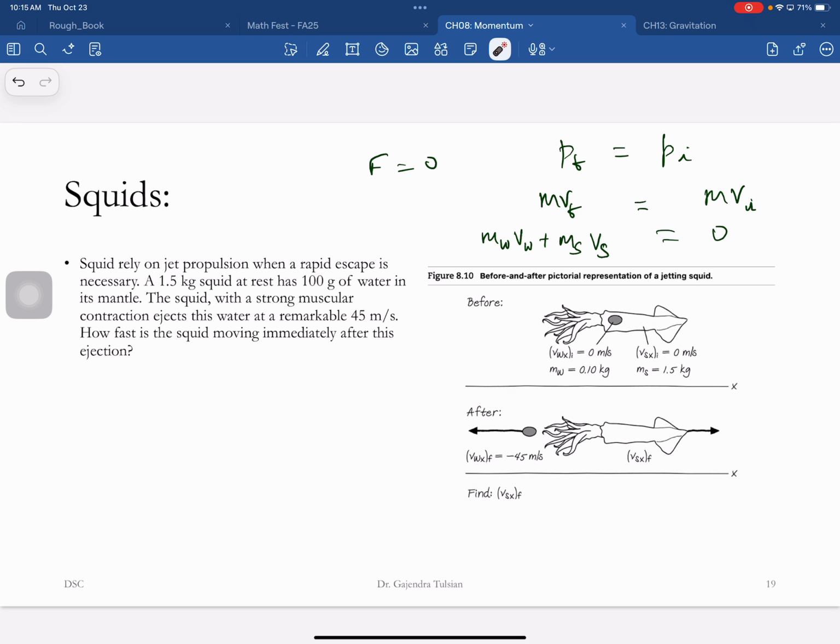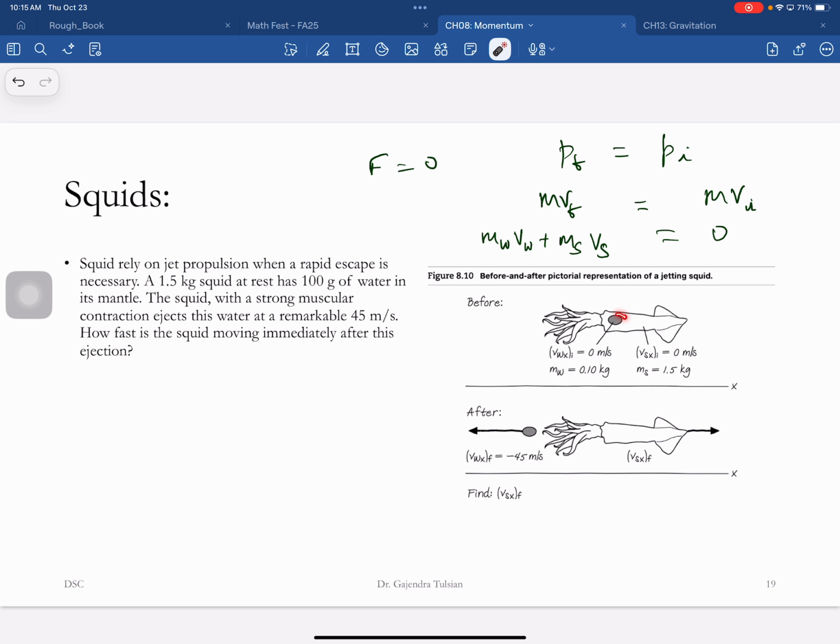When a rapid escape is necessary, a 1.5 kg squid, about 3.5 pounds, at rest has 100 grams of water in its mantle, about 1/3 of a can of soda.